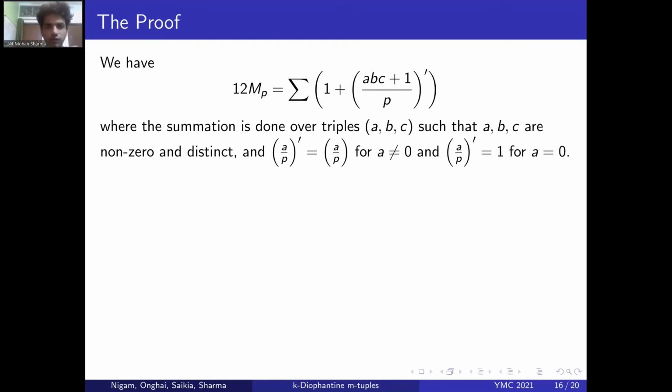So basically we start with this equation: 12 Mp is equal to the summation of 1 plus (abc plus 1 over p prime), where the summation is done over triples a, b, c such that they are non-zero and distinct.